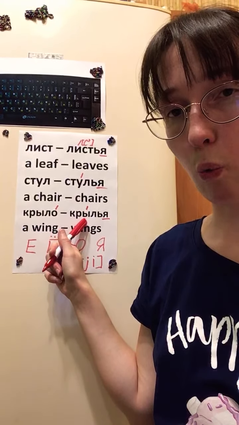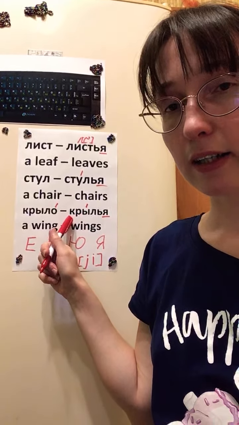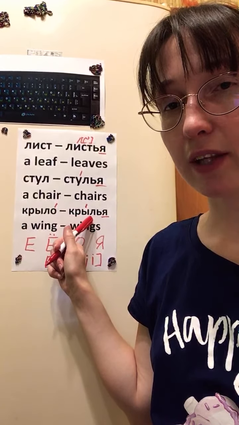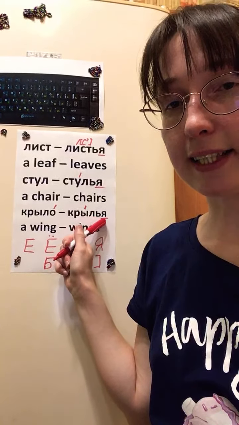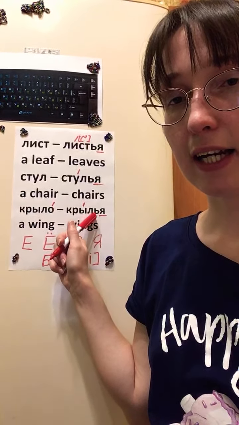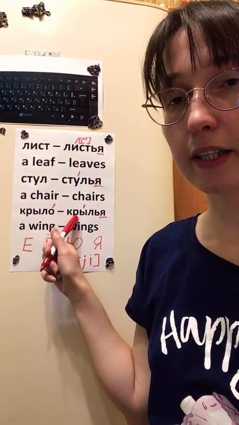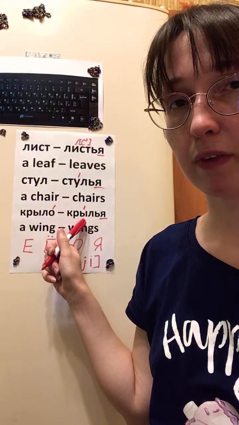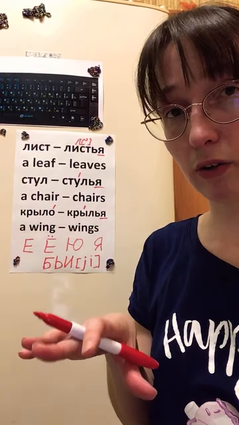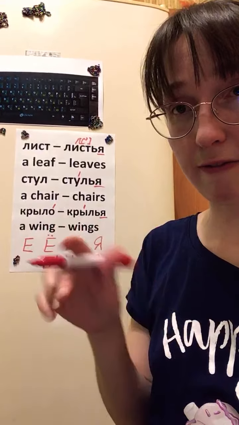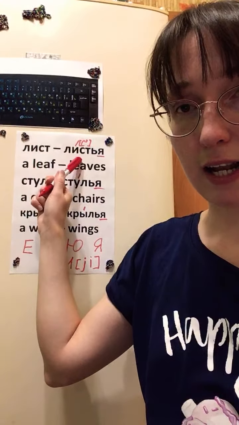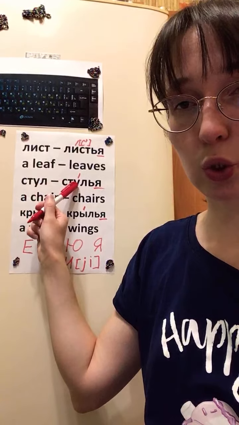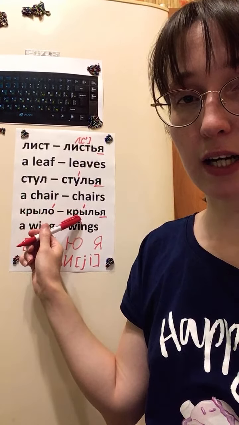Try to read it. 1, 2. Крылья. Again. L-ya. Крыло, крылья. Now I'm gonna read all the words, but really fast. List, листья. Стул, стулья. Крыло, крылья. Ta-da! Any question about these words?